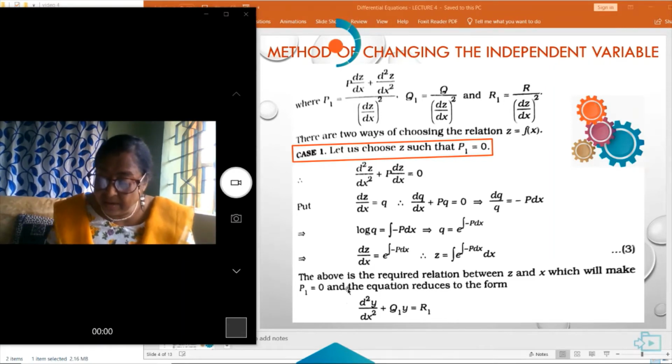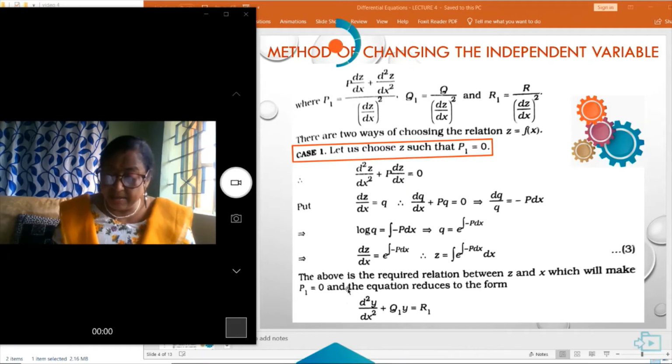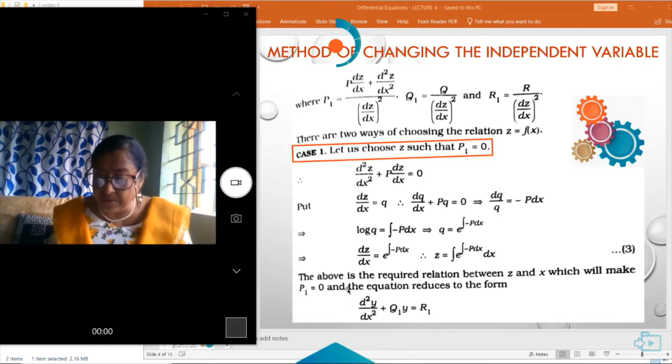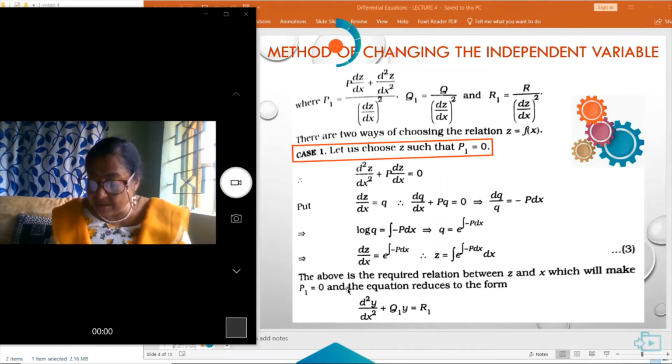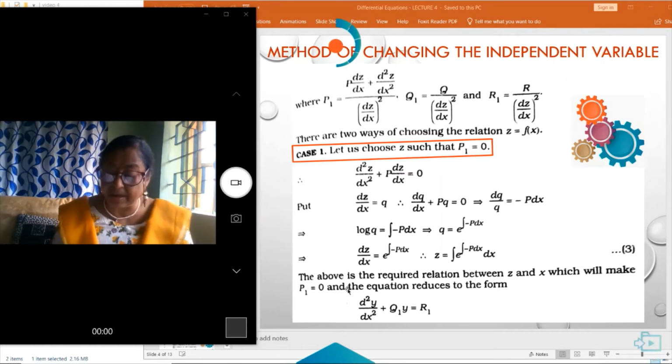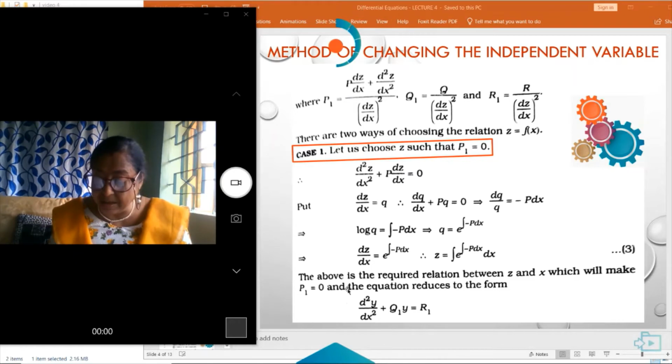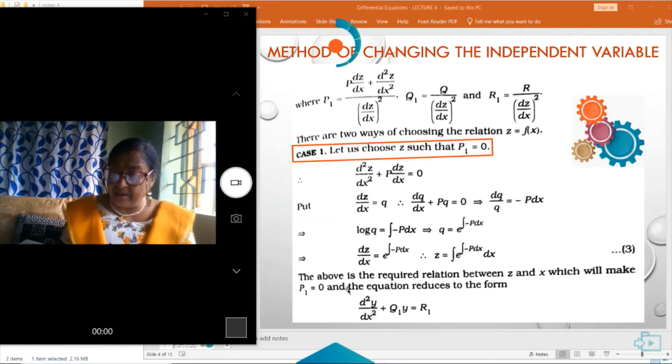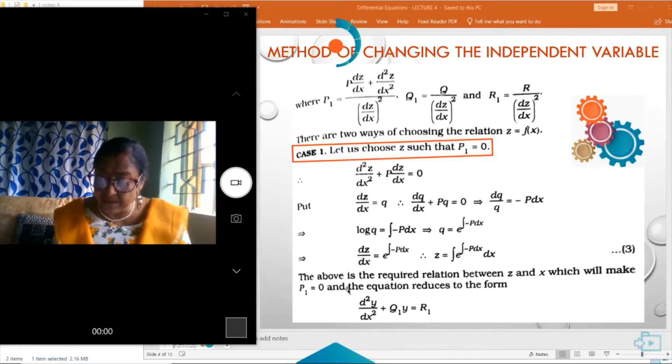Now let us choose z such that p1 is equal to 0. So p1 is equal to 0 means d2z by dx square plus p dz by dx is equal to 0. Here we put dz by dx as q.